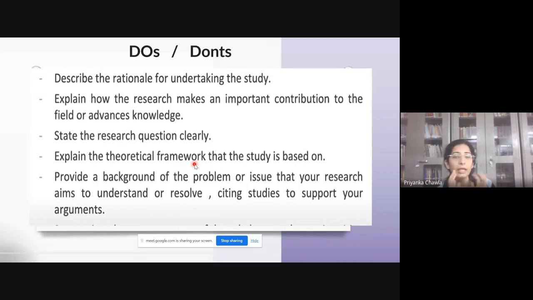It comes with the background of the problem, the issues related to the research, its aim, or what it is able to understand or resolve, citing studies to support your arguments. Remember, whenever you mention any year, in 1990, in 1991, this person stated that, this should be supported by your citations.